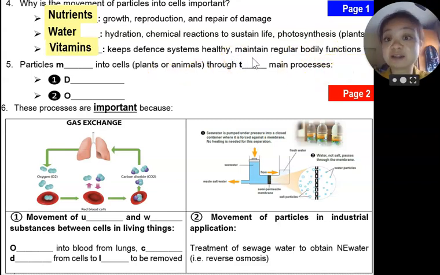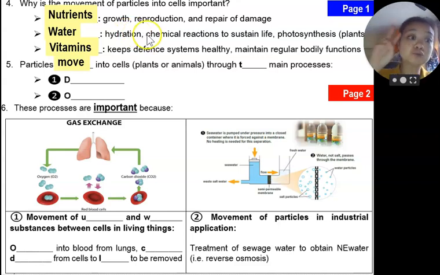Your body requires vitamins because they need to be present to keep your defense systems healthy and to maintain bodily functions. So therefore, these particles, nutrients, water, and vitamins, need to be able to move into cells. Why must they move into cells? Because cells require these particles for growth, reproduction, maintaining bodily functions, and keeping defense systems healthy.